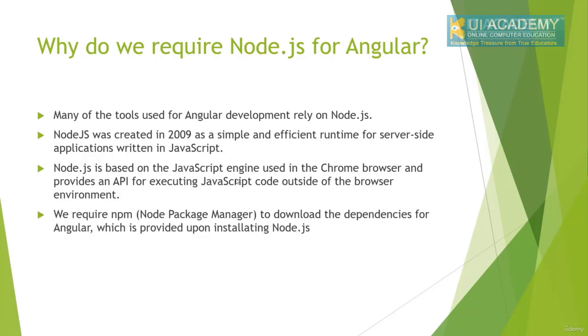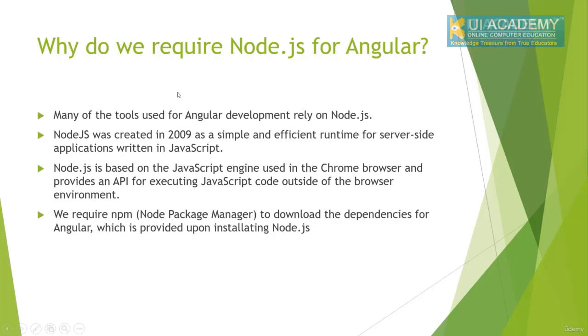And NPM will be automatically available to you once you install Node.js on your computer. NPM stands for Node Package Manager. Using this NPM, we will be able to download the different supporting dependencies or modules that are used inside Angular development.